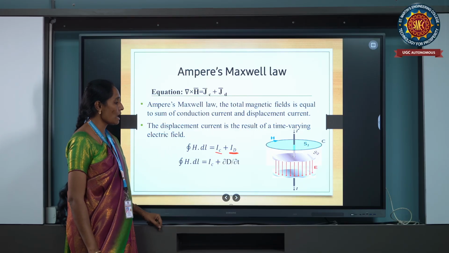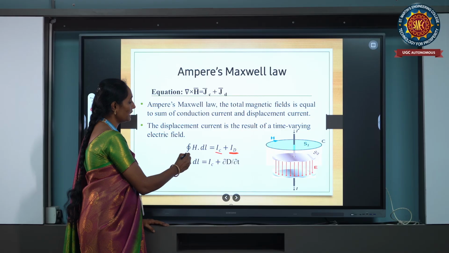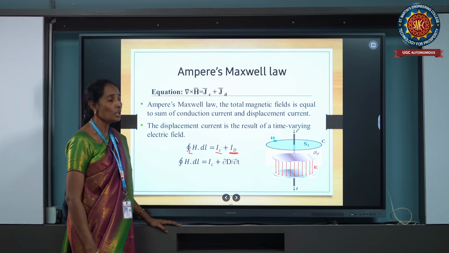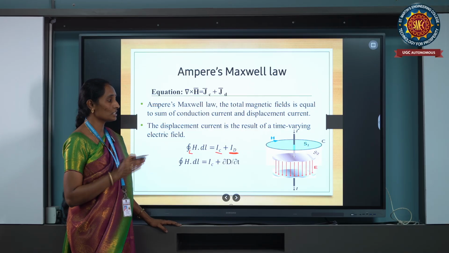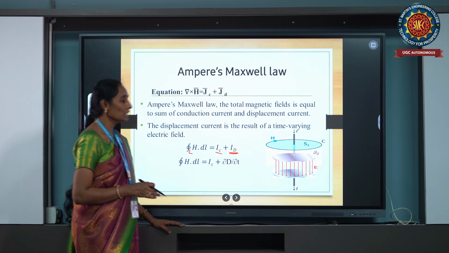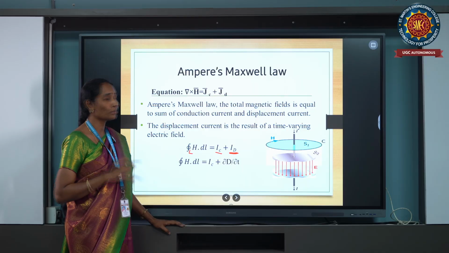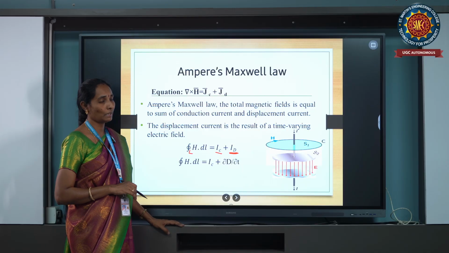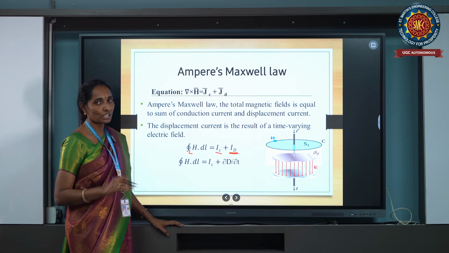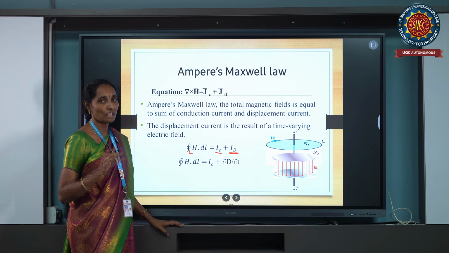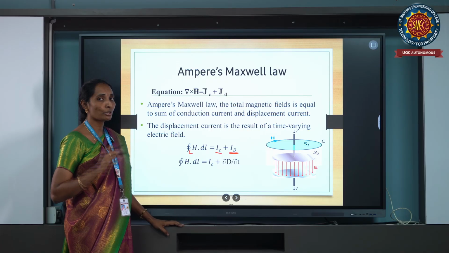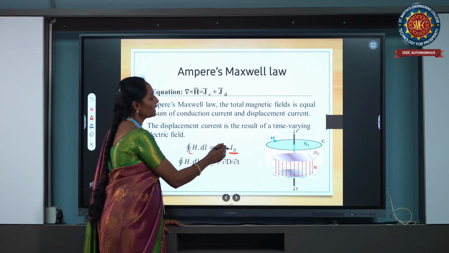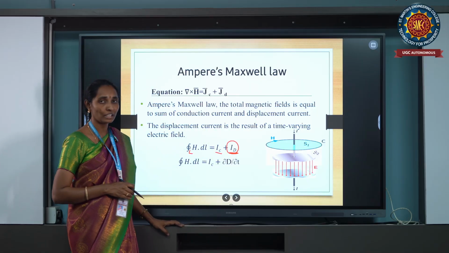According to Ampere's circuit law, the closed line integral of H bar dot dl bar is equal to I enclosed. The total current enclosed in this conductor is the sum of two currents: the conduction current and the displacement current. The conduction current is the current produced due to regular charged particles.